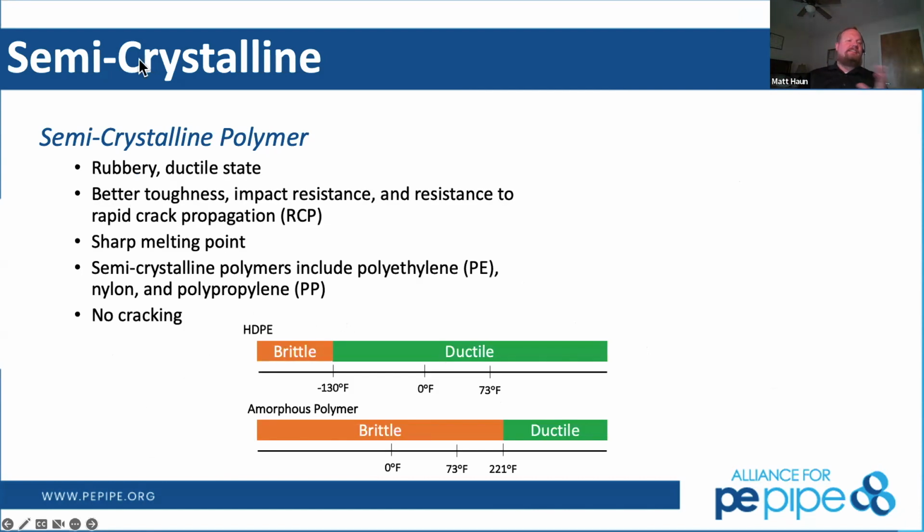So as a semi-crystalline polymer, within the operating conditions that we have for pipe usage, it's in a rubbery, more ductile state, which translates to better toughness, higher impact resistance, and resistance to rapid crack propagation.